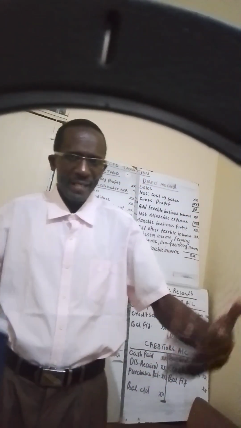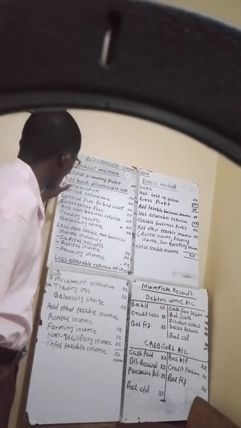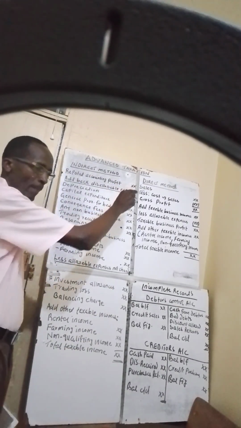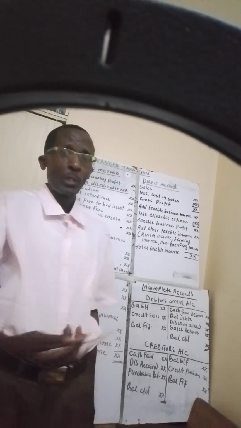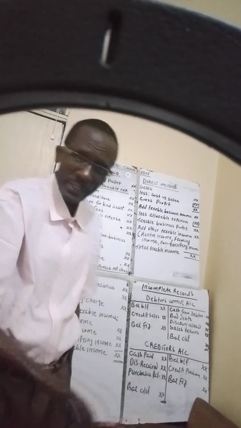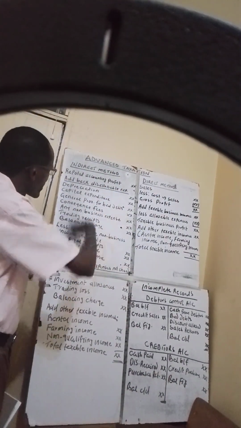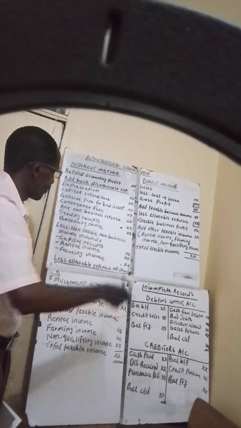Now, once you have added back all the disallowable expenses, so we are saying if you are using the indirect method, already you have been given the accounting profit, meaning that profit where you have added all the incomes and deducted all the expenses. So you add back any disallowable expenses.